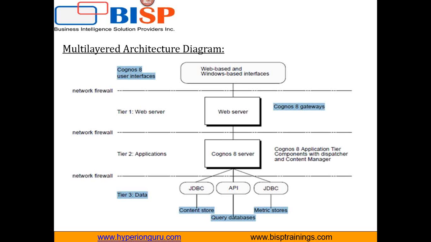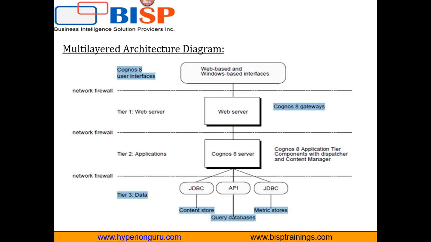At tier 2 we have the content manager, which is a part of Cognos, the application server, and then the dispatcher. The dispatcher is a service used to route the request made by the users. As soon as they make a request, it is passed on to the web server, then goes to the dispatcher, and the dispatcher decides how the request needs to be routed further.